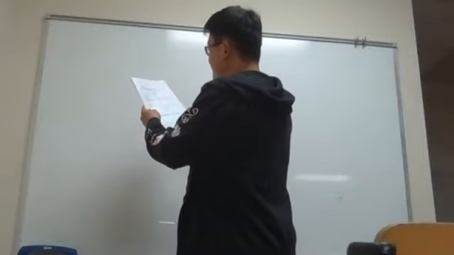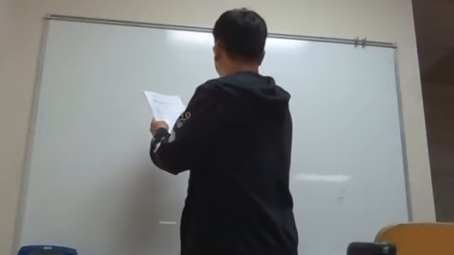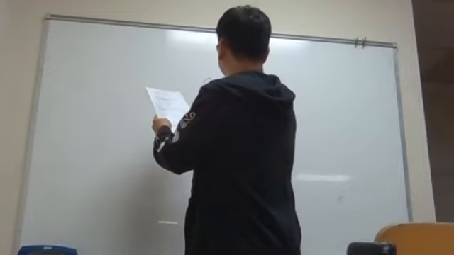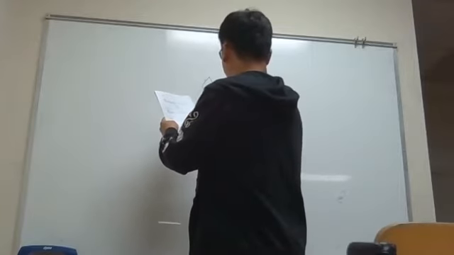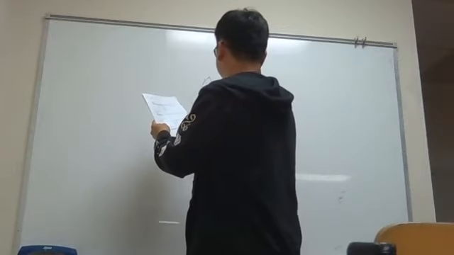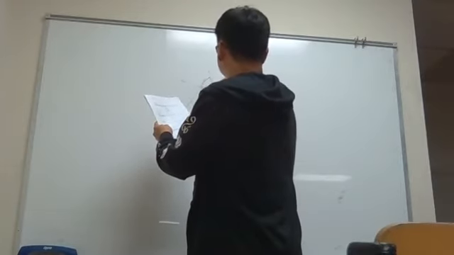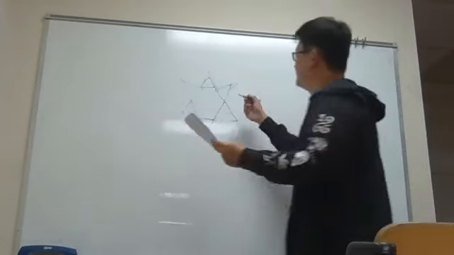You have a hexagram, which is a regular hexagon, extended on each side with an equilateral triangle. Right? Something like this.